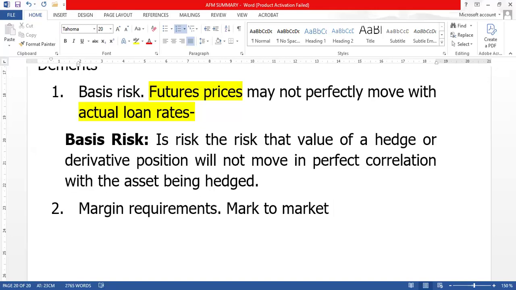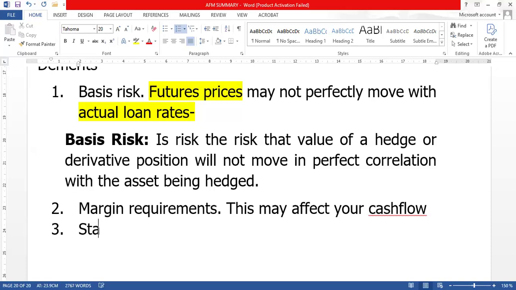If the market is moving in a different direction, you may be required to deposit some money. If the market is moving in a favorable position, you may be receiving some money. This is something you also need to know, and it may affect your cash flow. If you're the one to pay, then your cash flow may be affected.